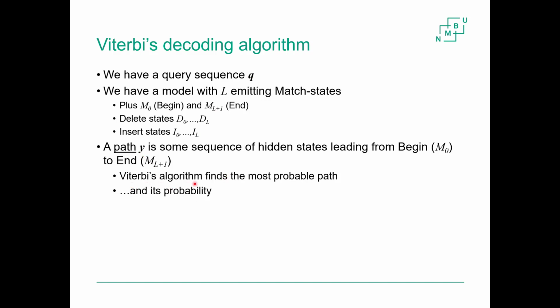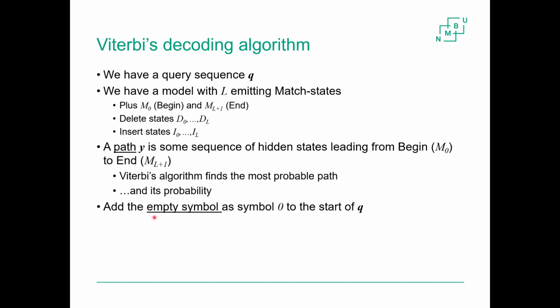And the Viterbi algorithm looks for different paths and tries to find the most probable path given the sequence for us. And then the probability of this most probable path is actually the score for this sequence. Right? So given the sequence, how can we go from begin to end in the most probable way? And how probable is that path? That's the score we are looking for.